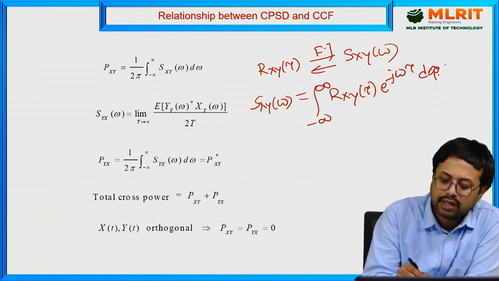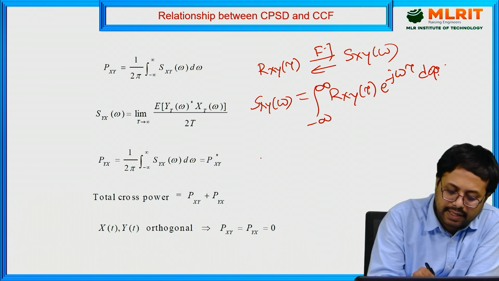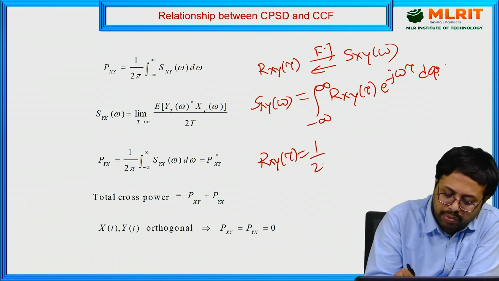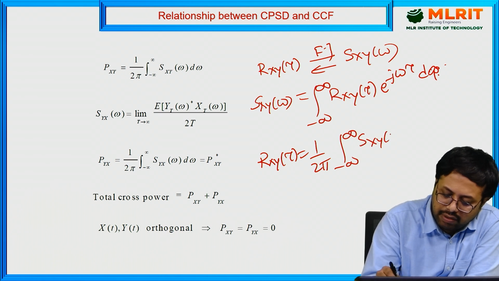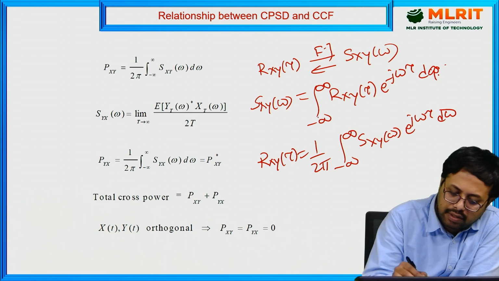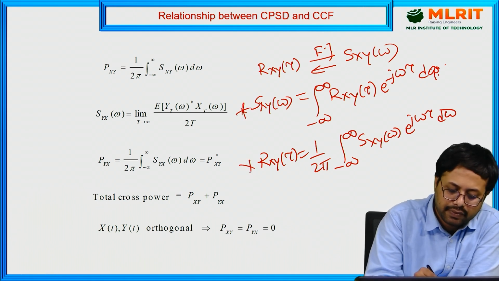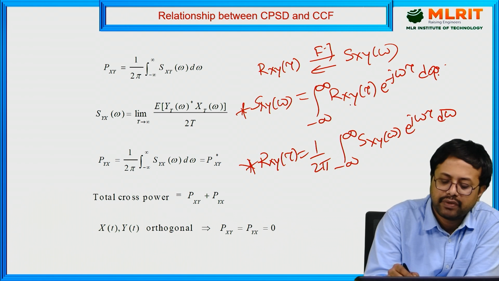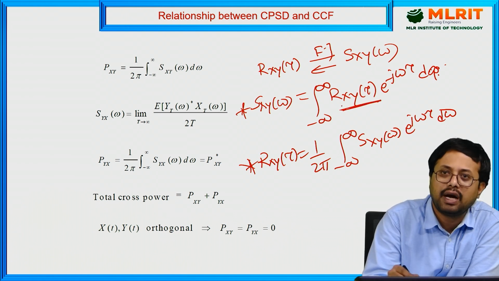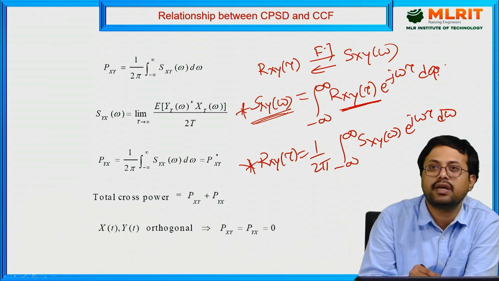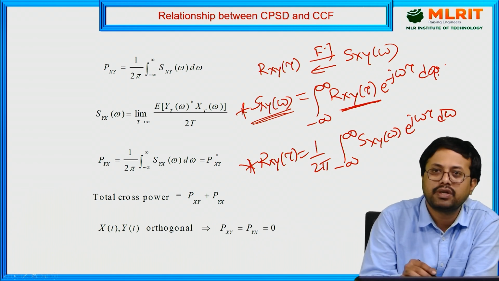Next, the inverse Fourier transform is also applicable, which is equal to 1 by 2 pi integral minus infinity to infinity Sxy of omega e power j omega tau d omega. These two are the important relationships between the cross correlation function Rxy of tau and the cross power spectral density Sxy of omega.